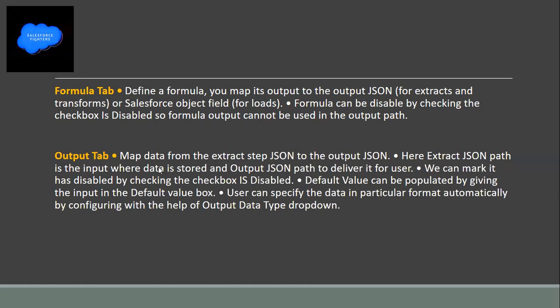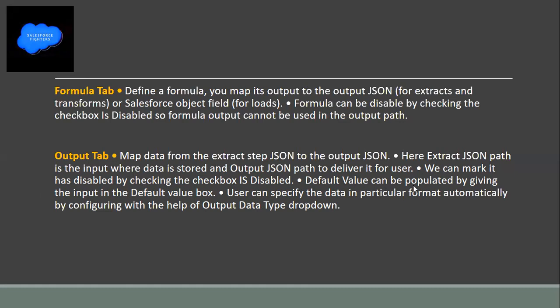Output path maps data from the extract step JSON to the output JSON. Here the extract JSON path is the input where data is stored and the output JSON path is where it is delivered. If users want, they can mark it as disabled by checking the checkbox.